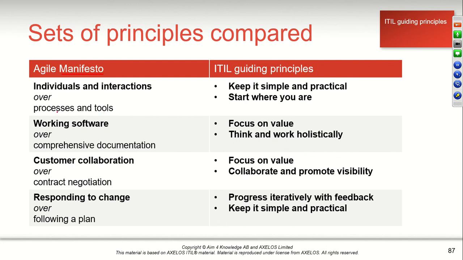You can have all the processes, you can have all the tools, but Agile says interactions and having the right individuals in the team matter more than having processes and tools.